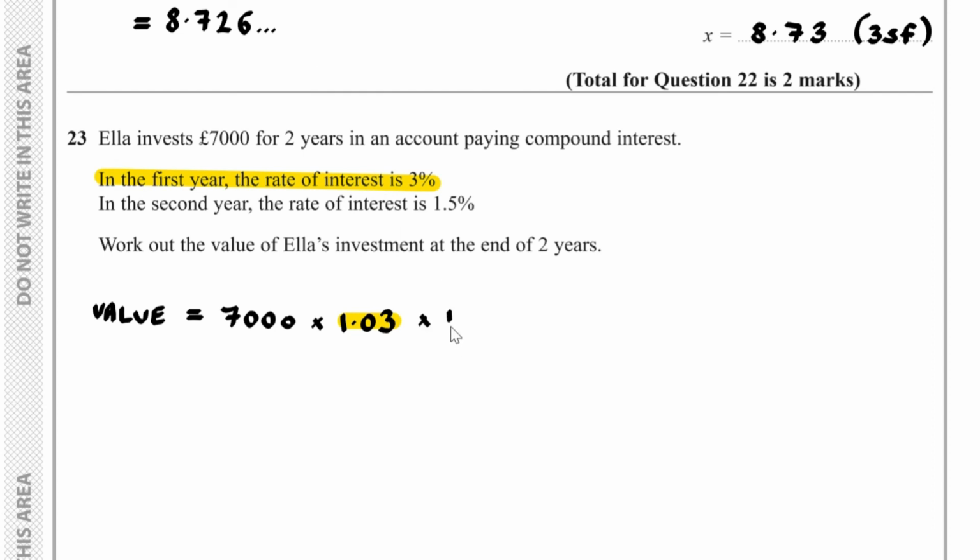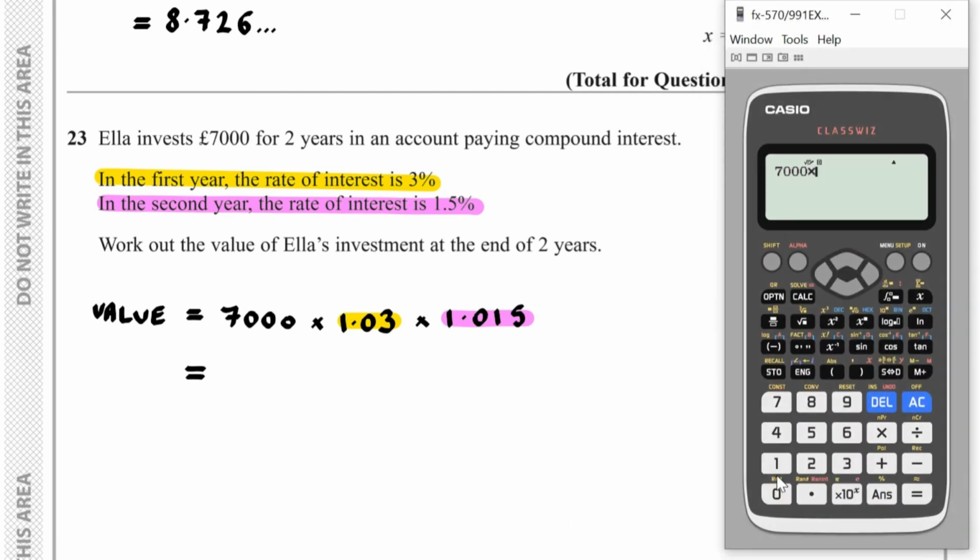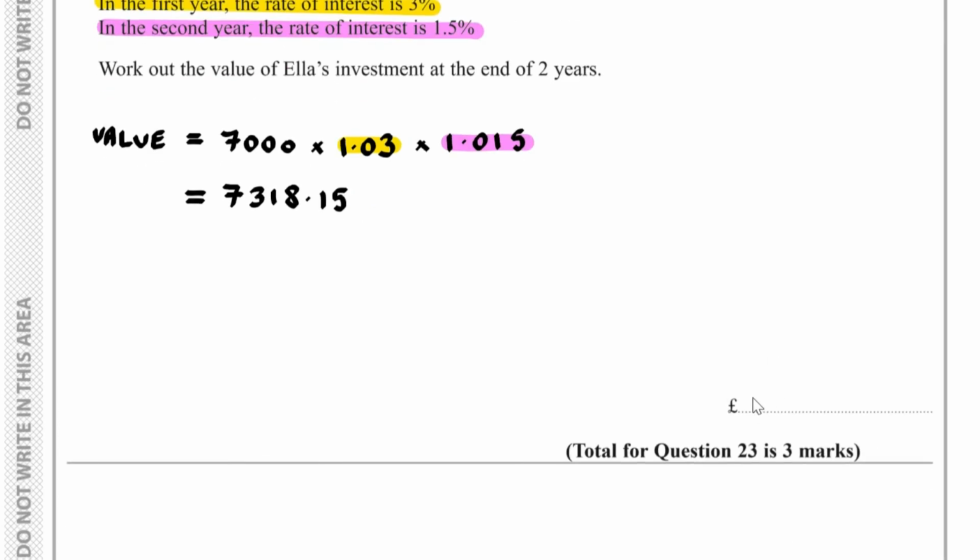And then we times by 1.015, which is the interest in the second year. And if we work out what this is equal to, it turns out we get 7,318.15. So we have £7,318.15.